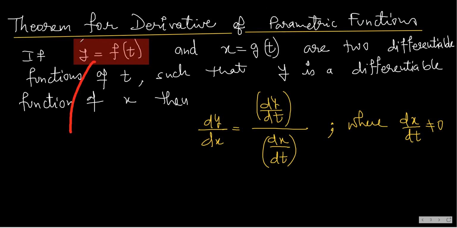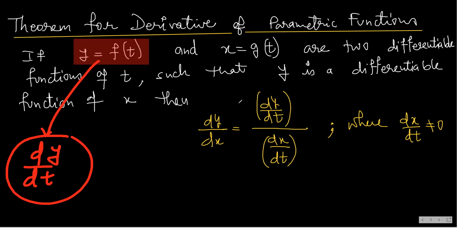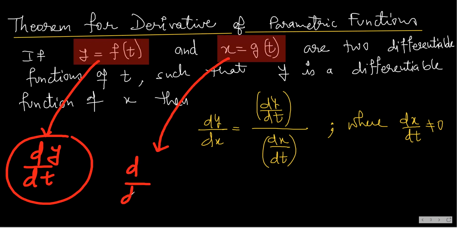That is, d by dt of y can be obtained. Next, when you say x is a differentiable function of t, you are trying to say that you can differentiate x with respect to t. That is, d by dt of x is obtainable.